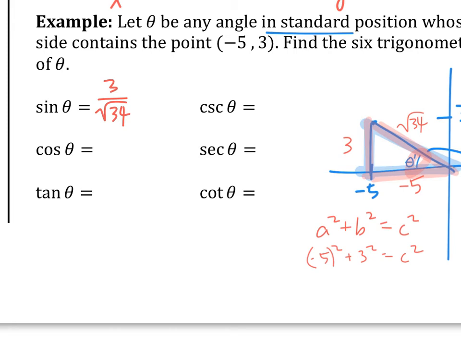What about cosine? Yeah, negative 5 over square root 34. That's why you had to put negative in there. We're not talking about the actual triangle. We're talking about this direction. It's negative. Okay? Tangent is what? Negative 3 over 5. All right. Now we go and do the reciprocals. So reciprocals are easy. Once you find the original 3, you just flip them over.